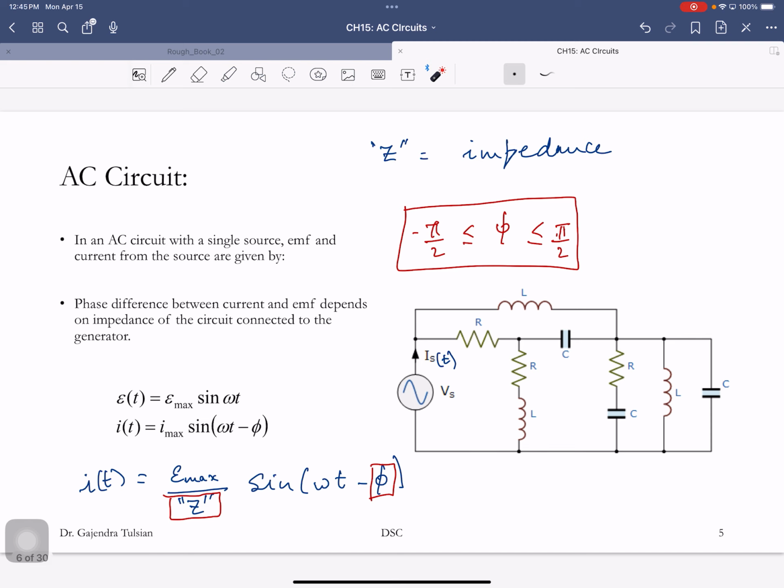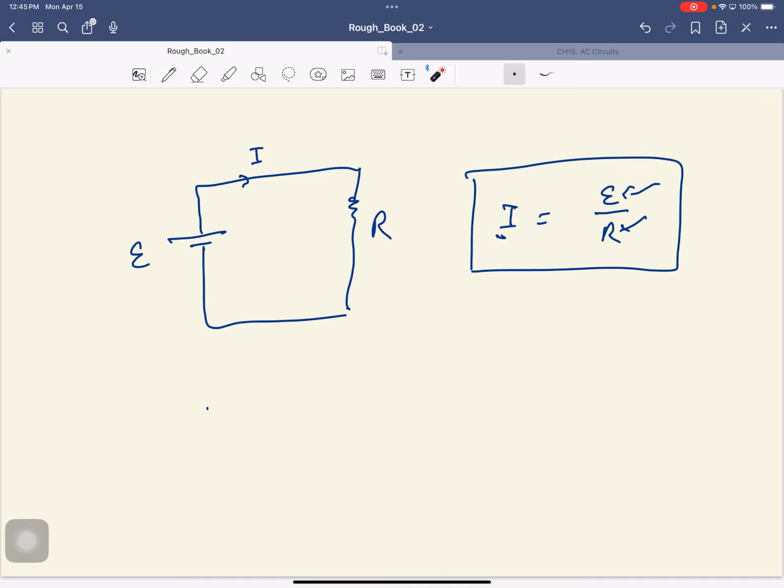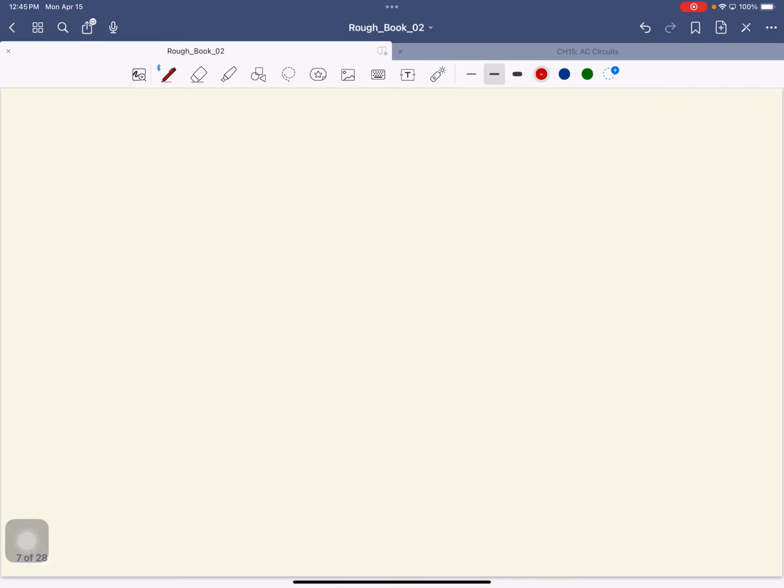All right, now that we know our goal, let's start off with the simplest element connected to your AC source. We're going to connect a resistor to the AC source. So we have an AC source, and the voltage is E max sine omega t.